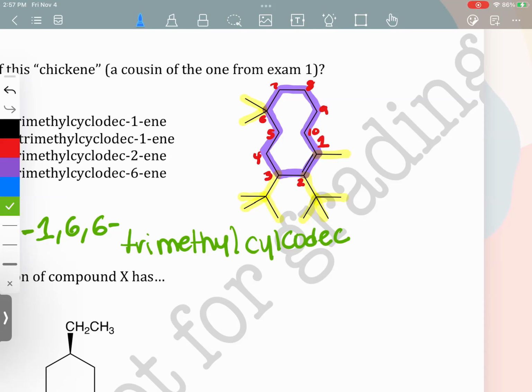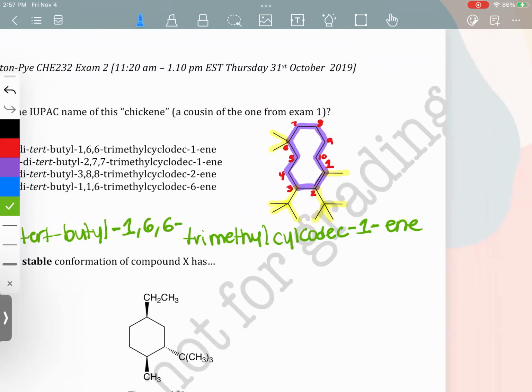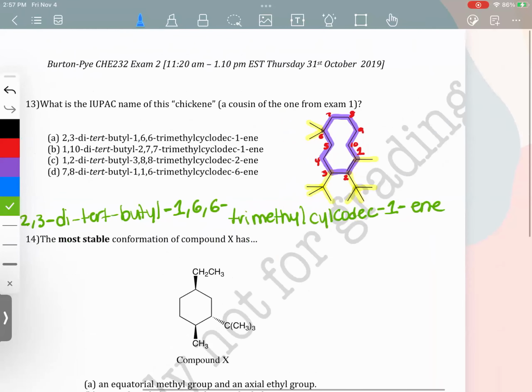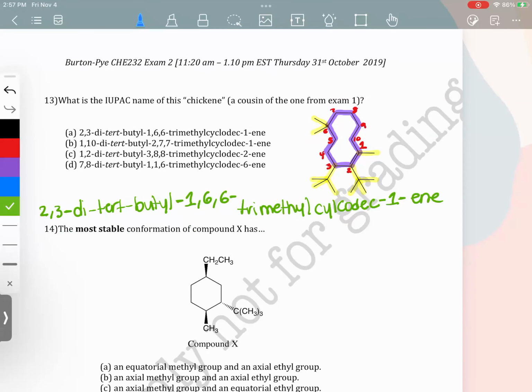So when you're doing it, instead of saying cyclodecane, you would say cyclodec-1-ene. That lets you know you have the double bond started at carbon number 1. So this is the name: 2,3-ditertbutyl-1,6,6-trimethylcyclodecene, which matches answer choice A.